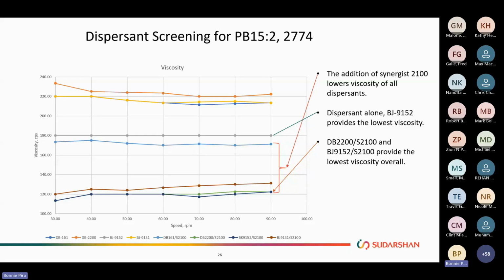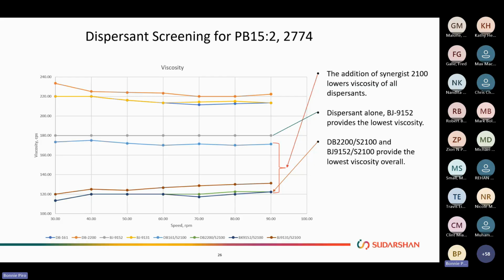And what this information does is take the same pigment, this Pigment Blue 15:2 alpha blue pigment, and we are comparing a number of polymers in the dispersant area to look at the performance on the rheology of the system. So these are all formulated identically, the same amount of pigment, the same dispersant to pigment ratio.